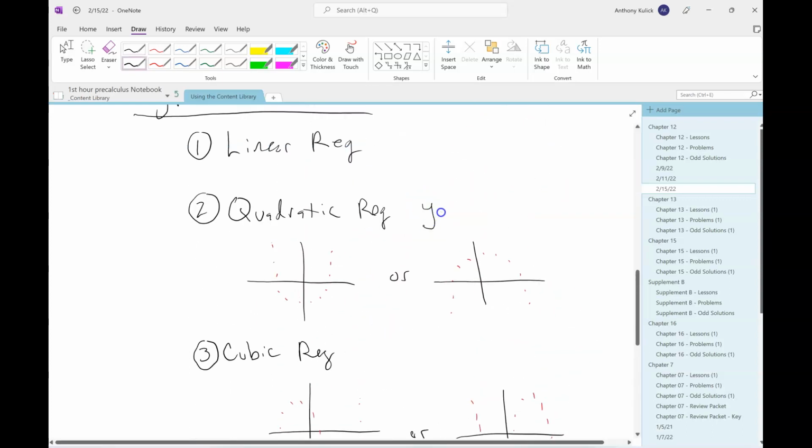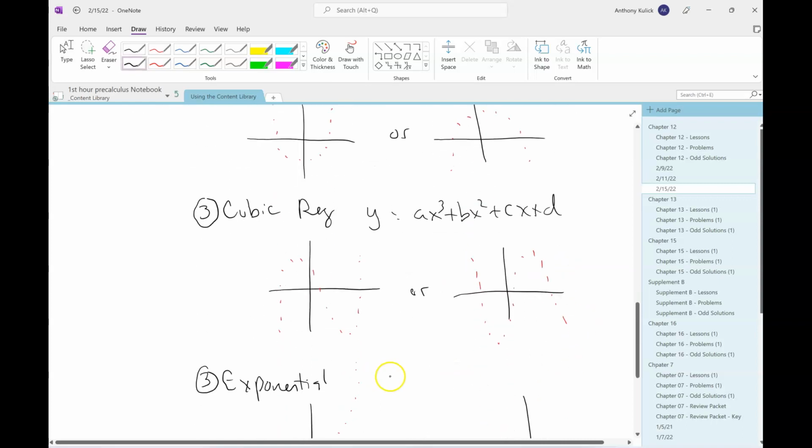Anyways, quadratic would be ax squared plus bx plus c. Cubic would be ax cubed plus bx squared plus cx plus d. Exponential would be a x to the b.